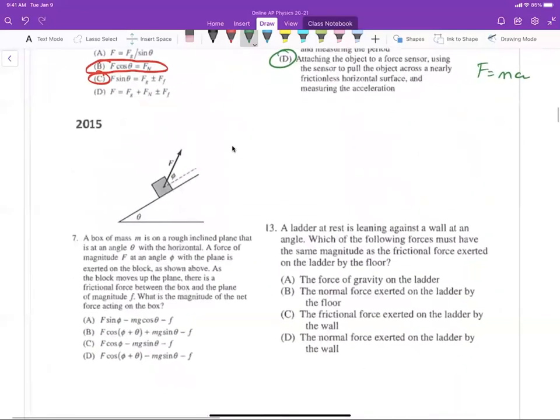Number 7, we have to do some free body diagrams. We have force normal. We have FG. We have FG sine theta down. We have a force of friction. We also have a force applied.